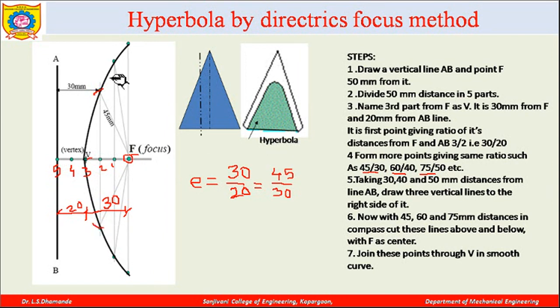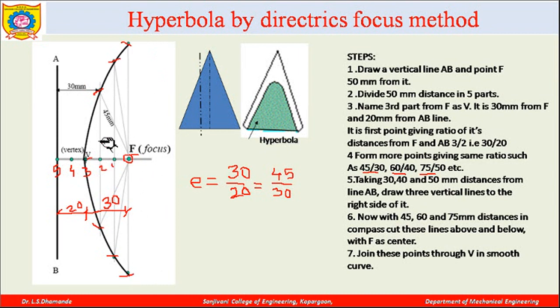Then again take the distance 60 mm in your compass, keep your center here and cut the second line here and here. Then similarly this is the third vertical line, drawn at a distance of 50 mm from AB. There you have to take the distance 75 in your compass and cut the line above and below.